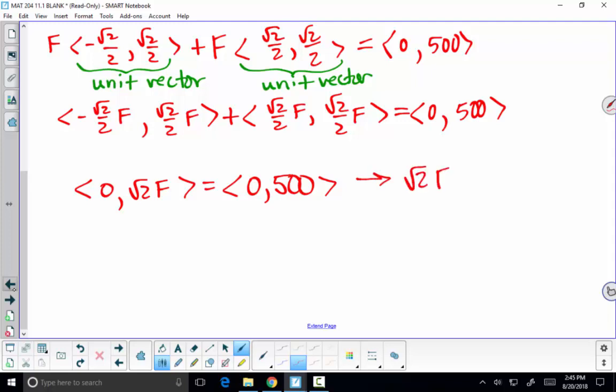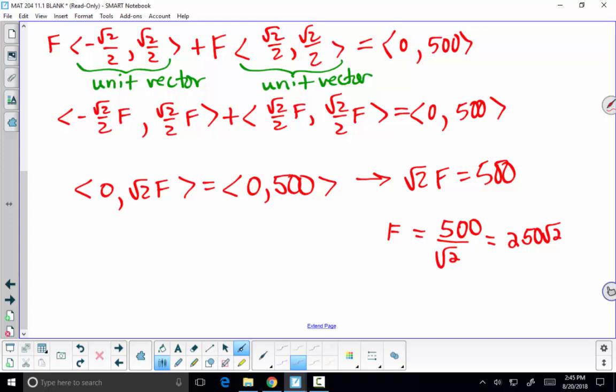So we get square root of 2 times f is equal to 500. That tells us that f is equal to 500 divided by the square root of 2. If you rationalize the denominator, we'll get 250 root 2.